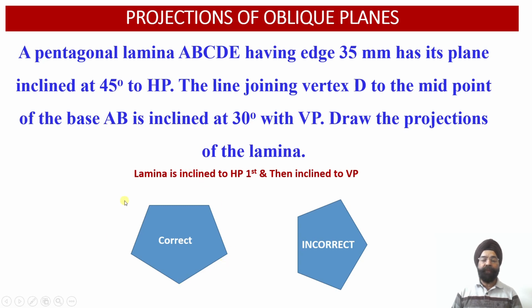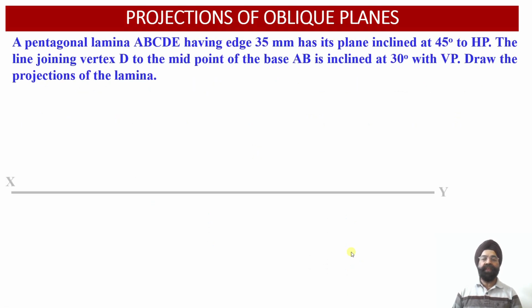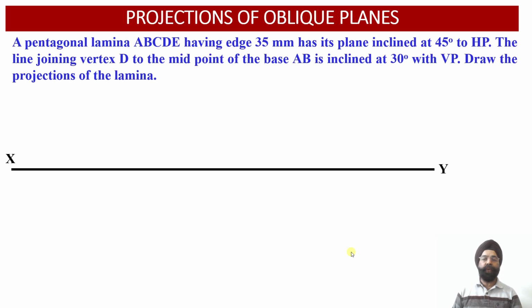That is, we are going to reorient the top view projections in such a way that this true length line, joining vertex D with the midpoint of the side AB, is drawn at an angle of 30 degree with respect to the vertical plane. So this is the appropriate orientation of the pentagonal lamina, whereas this is the incorrect orientation. So let us evaluate the orthographic projections of the pentagonal lamina.